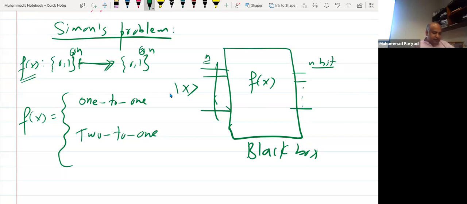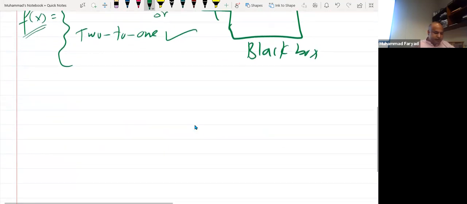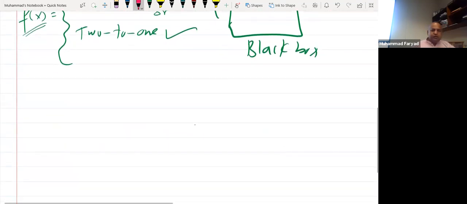And our problem is to find out whether f of x is one-to-one or if it is two-to-one. That is Simon's problem. Let me explain the problem a bit more, because that will help us in devising and understanding the algorithm.